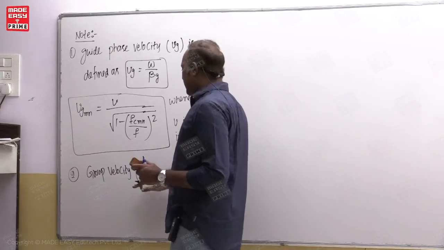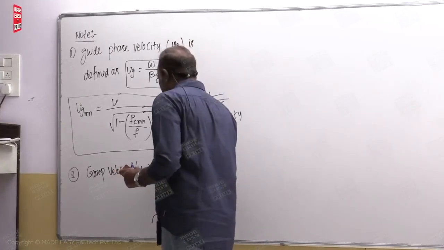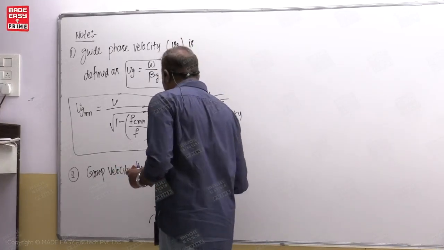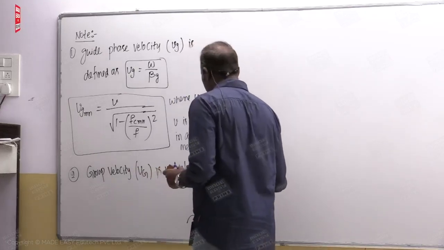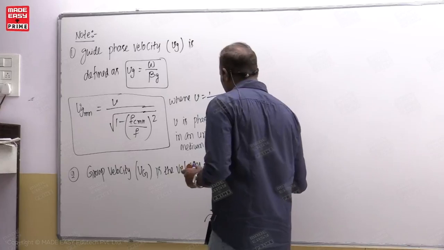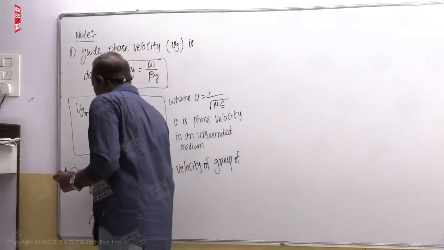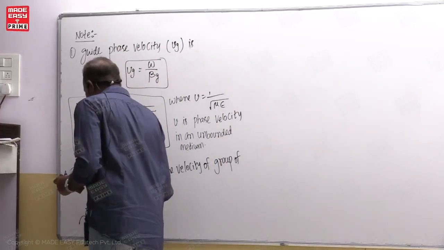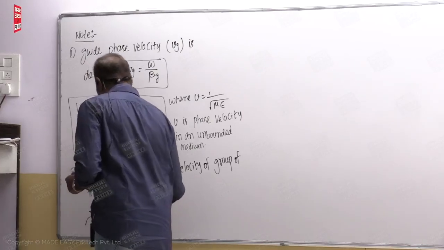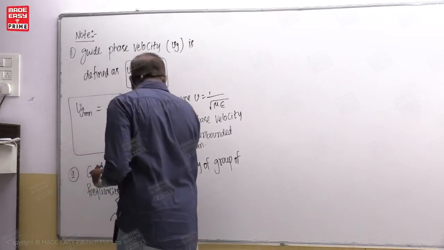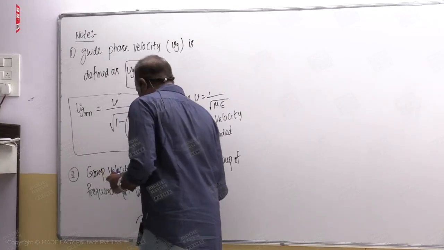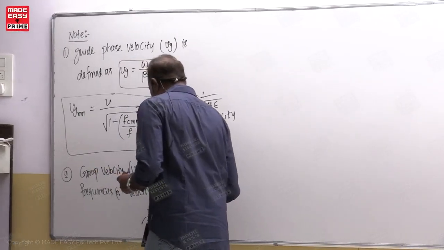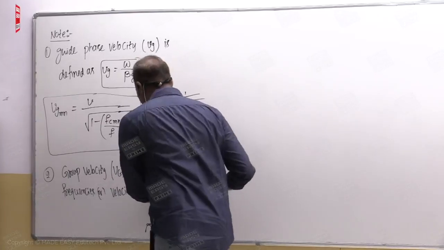So group velocity V capital G is the velocity of group of frequencies, or velocity of message signal.